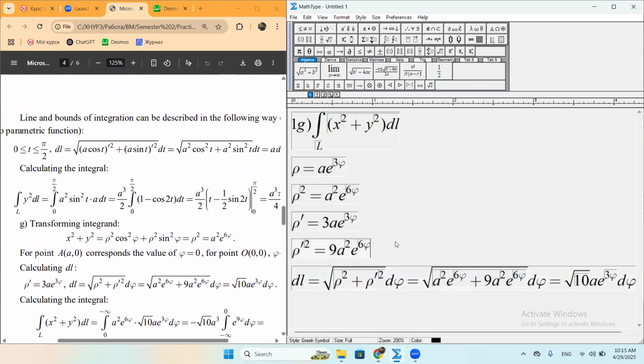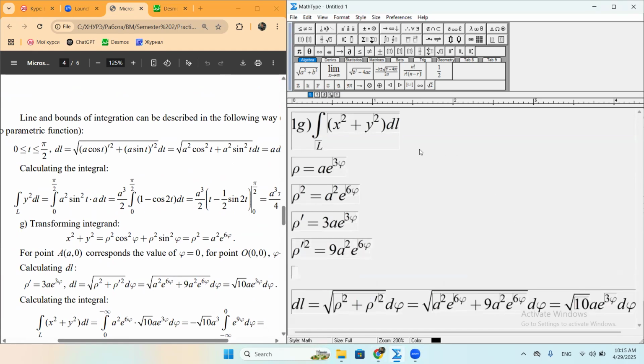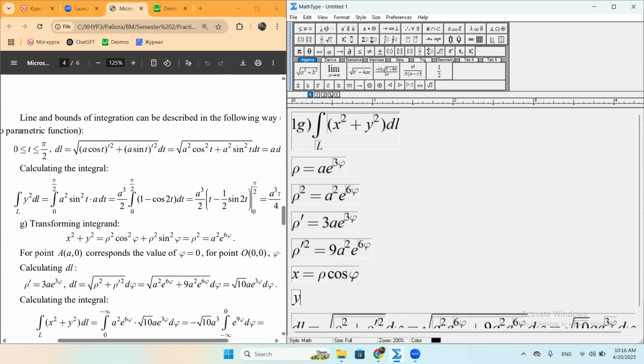But first of all, let's transform this expression under the integral. So x equals, let me remind you, rho cosine of phi, and y equals rho sine of phi.